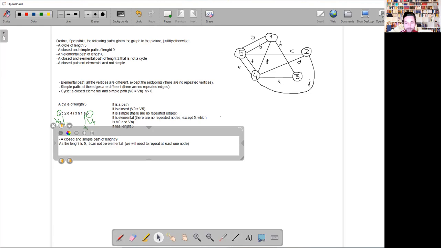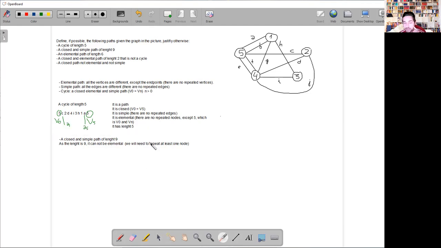So the thing that we must do is start by a node, like 5, for instance, and we need to start to build the path with a length of 9. But in this case, as it has to be simple, we must not repeat any edge.